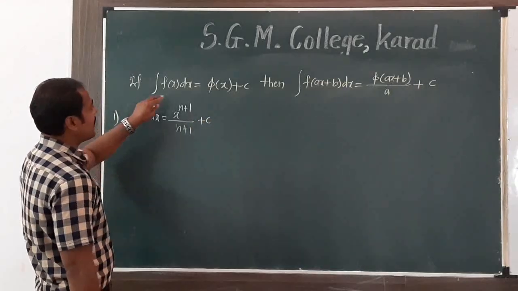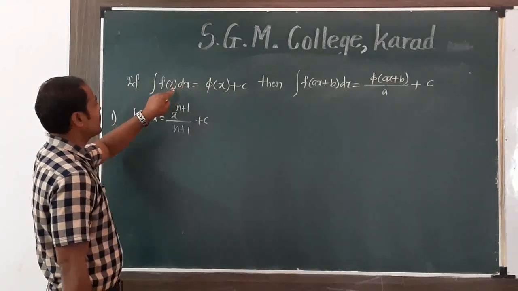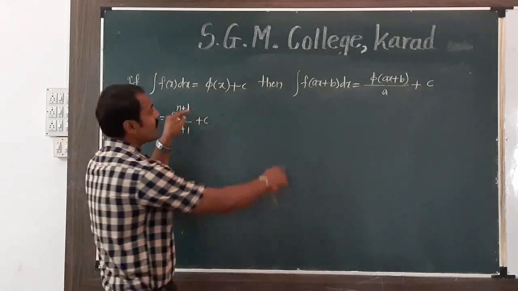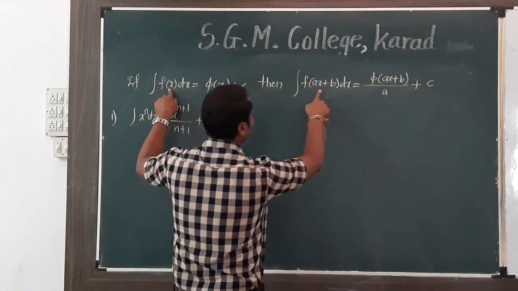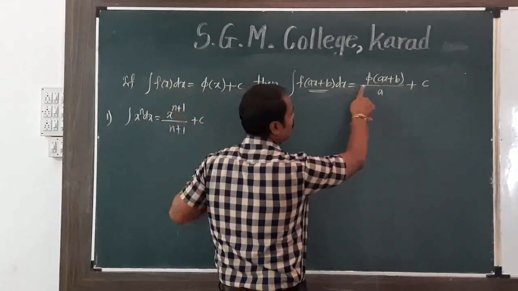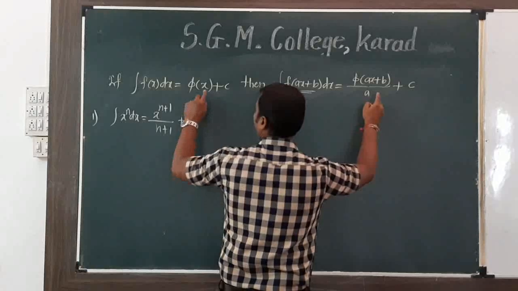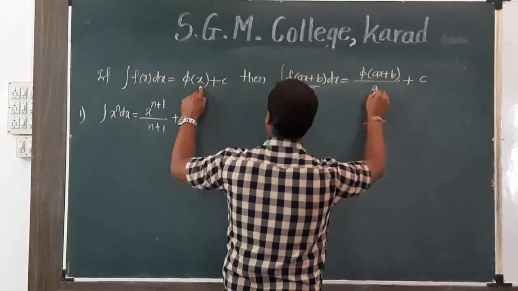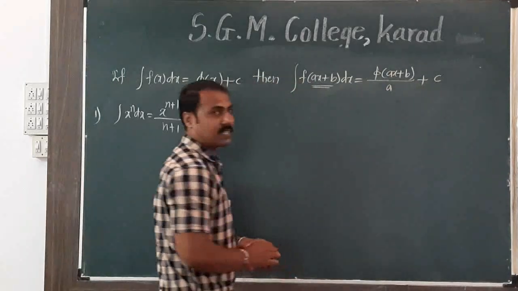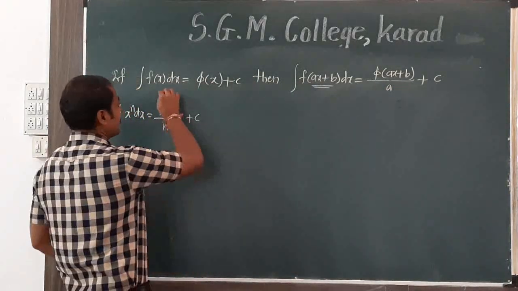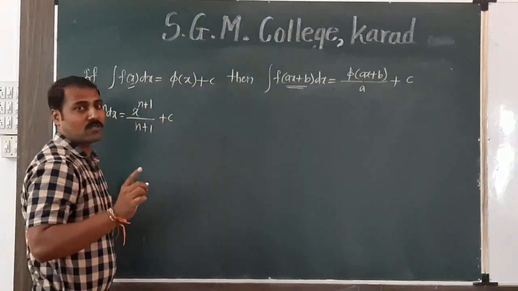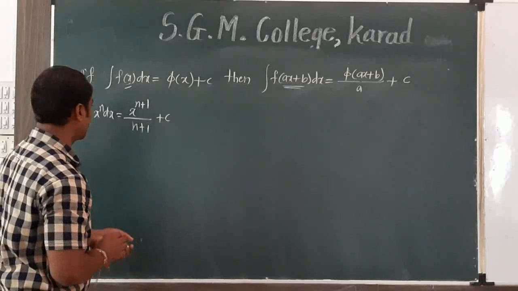The corollary says that if integration of f of x dx is equal to phi of x plus c, then integration of f of ax plus b, replacing x by the linear expression ax plus b, dx is equal to phi of ax plus b, divided by the coefficient of x, that is a, plus constant of integration c. Remember, replace x by only linear equations, not quadratic equations, not cubic equations.